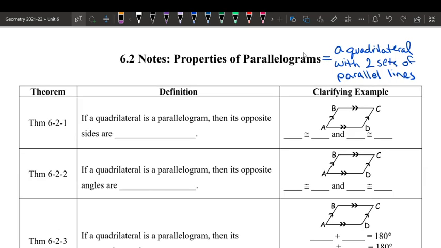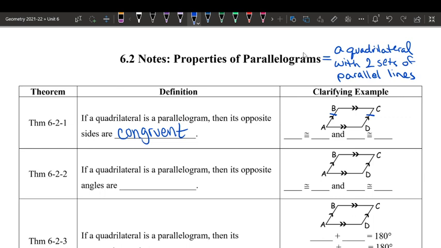Okay, so once you see you have a parallelogram, there are four characteristics that we're going to look at that you know are true if it is a parallelogram. If it's a parallelogram, then its opposite sides are congruent. That means the left side is the same length as the right side.